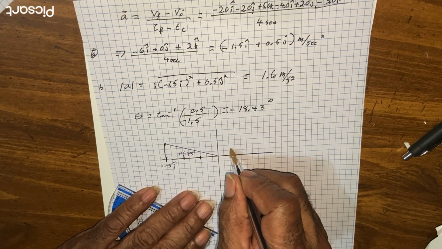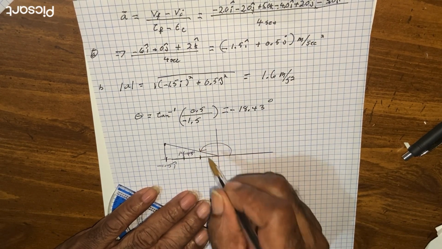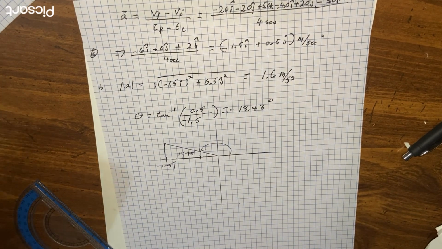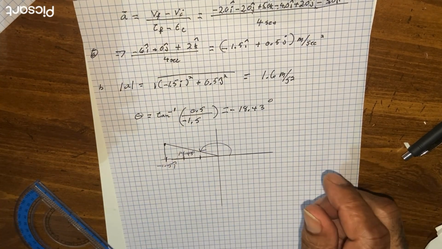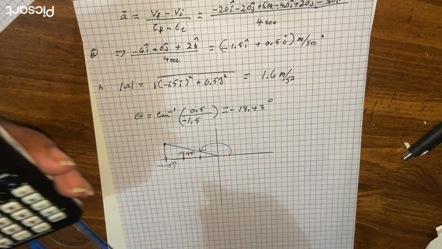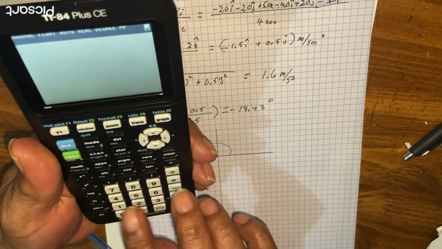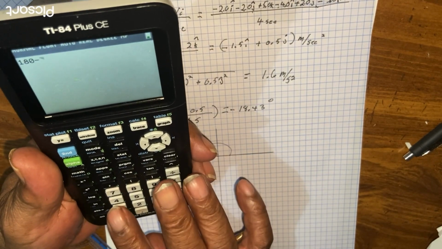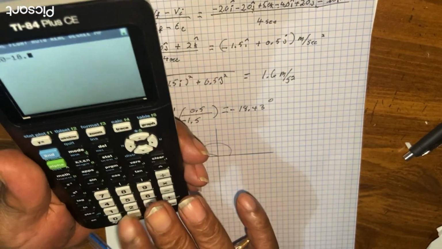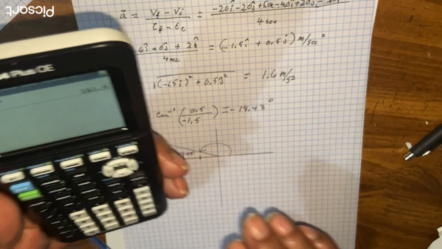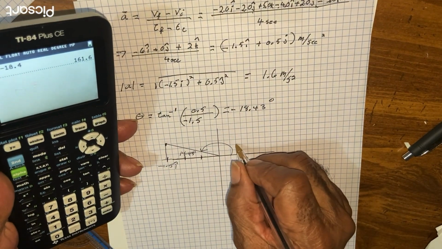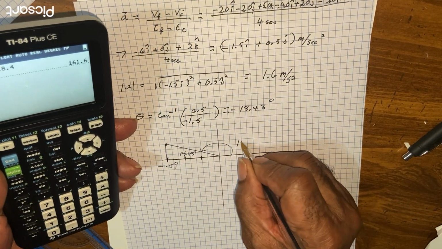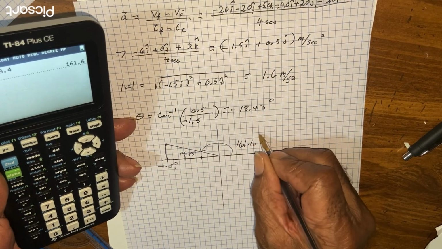And then to read it from here to here, you're going to have 180 minus 18.4, and that's going to give us this angle, which is 161.6 degrees.